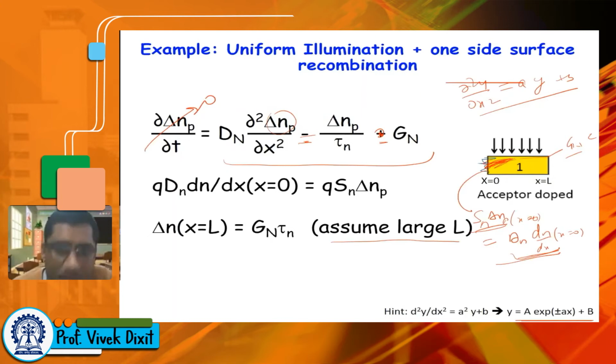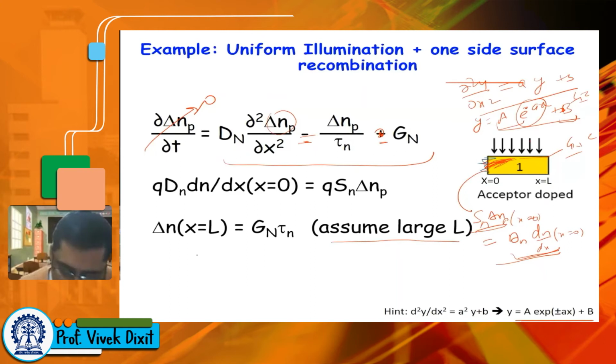So the solution will only have y equal to a times e to the power minus ax plus b. At x equal to L, this will be very small, so you can ignore it. So y will be equal to b, so your coefficient b will be g tau.